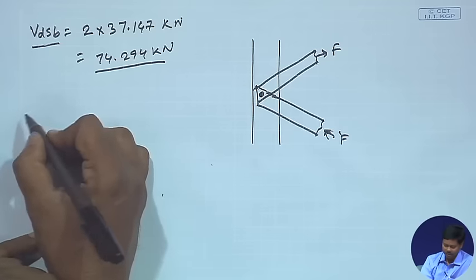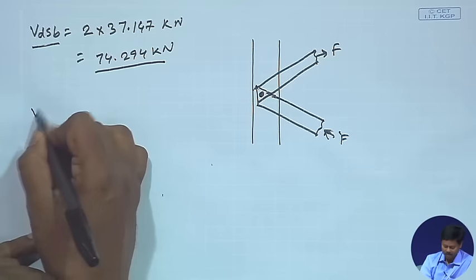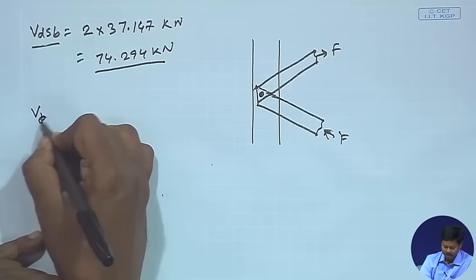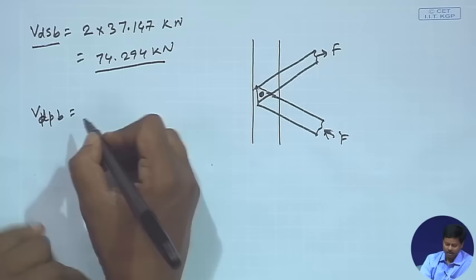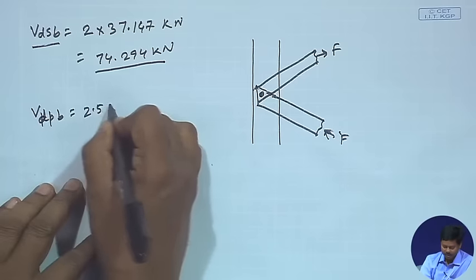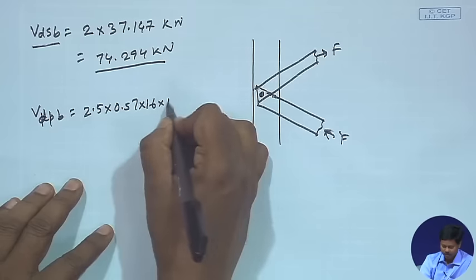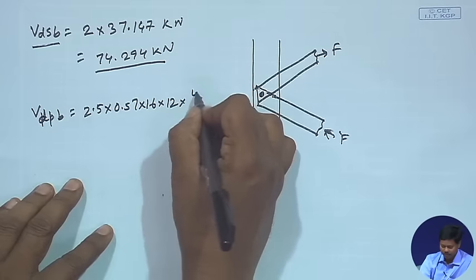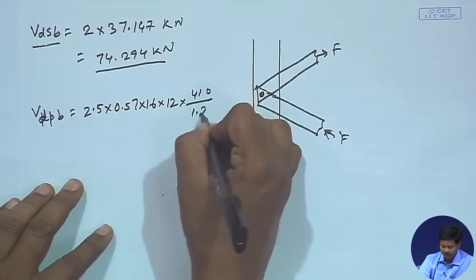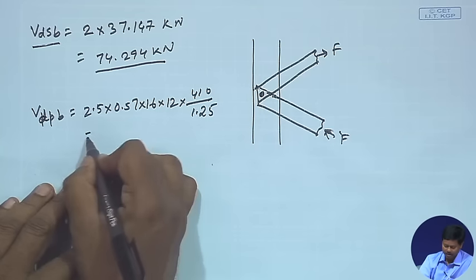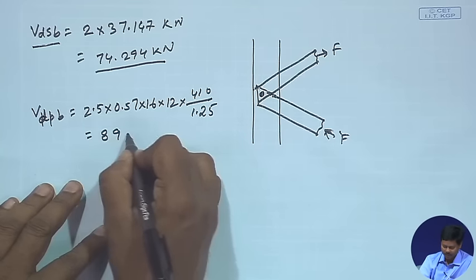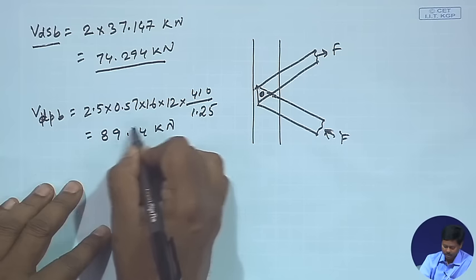We can find out the strength in bearing, VDPB, that will be the same: 2.5, Kb was 0.57, d is 16, t is 12, then fu is 410 by 1.25, gamma mb. This is coming same as earlier, 89.74 kilonewton.